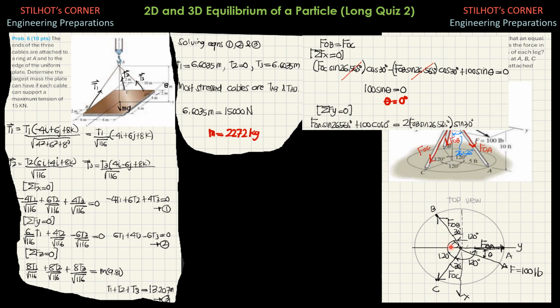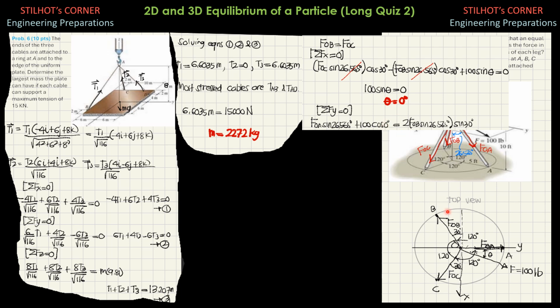We then sum up forces y equals 0. This projection of FOA is FOA times sine of this angle, 26.565 degrees. So that's the y component of FOA. Then plus the y component of 100, which is 100 cosine of 0 degrees because theta is 0 degrees.